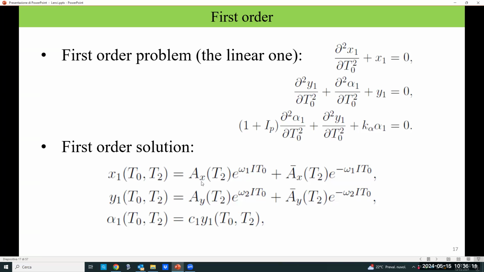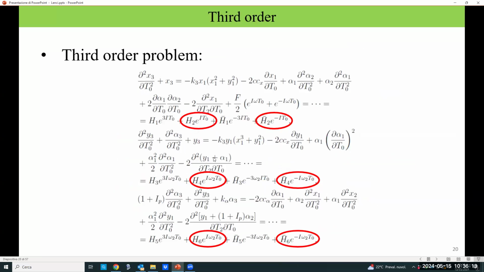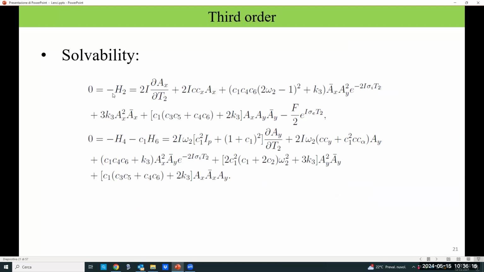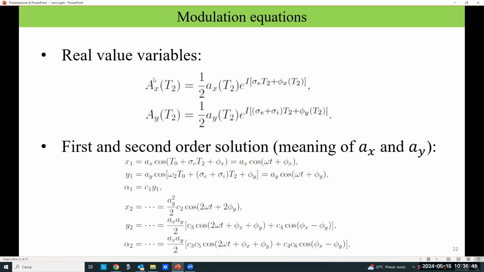These are complex amplitudes, and you have these two equations, the first one and the second one, to compute these two numbers as a function of the detuning, as a function of the external frequencies, which is here, sigma E, the external detuning, which contains the external frequency, as a function of the damping, and as a function of the structure. So basically, we just have to solve these equations.